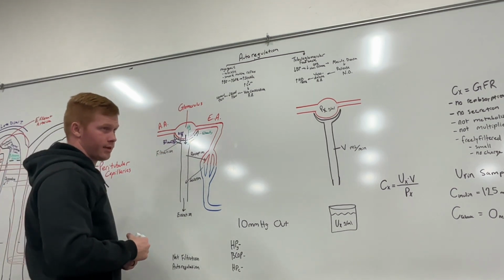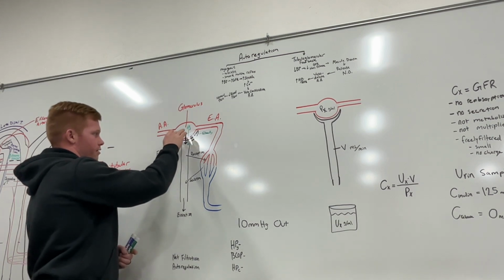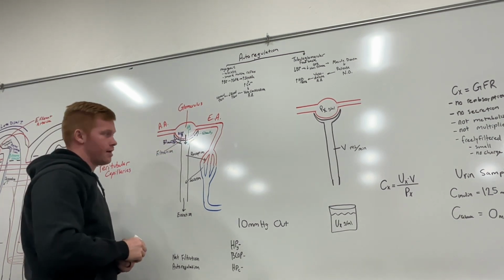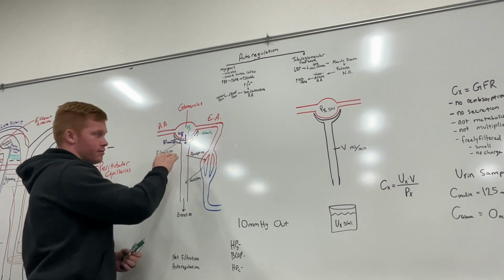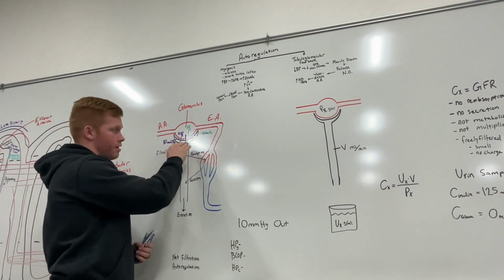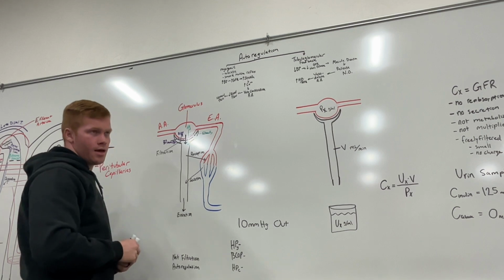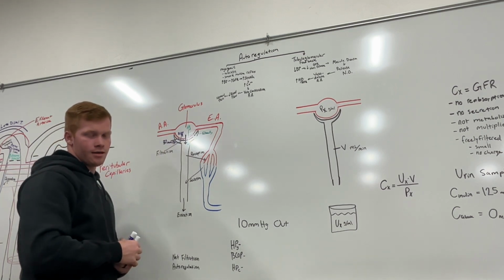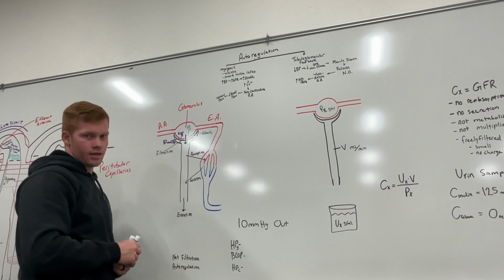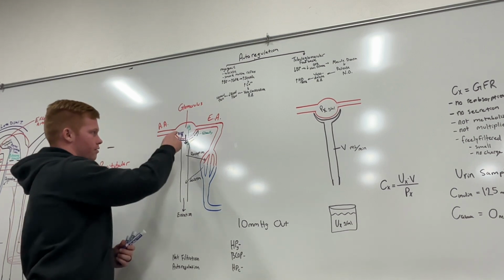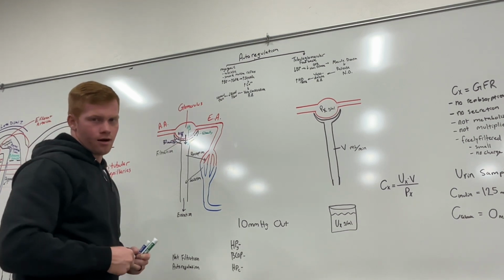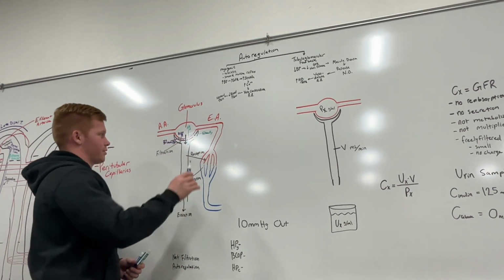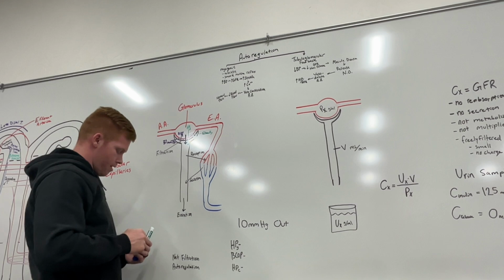Hopefully I can explain it a little more simply. There's high osmolarity inside the blood, and there's a lower osmolarity, a lower amount of solutes, out in Bowman's capsule. And so water is going to move into the capillary to even that out, to lower the osmolarity in the capillary.